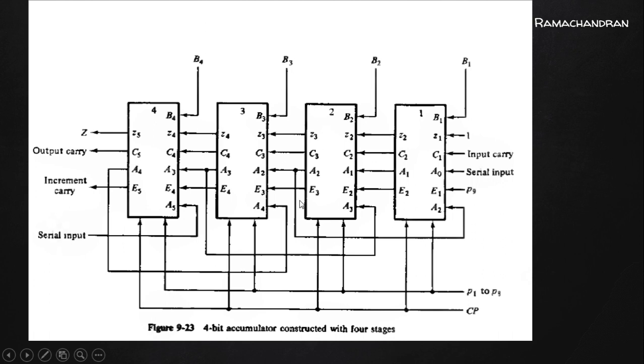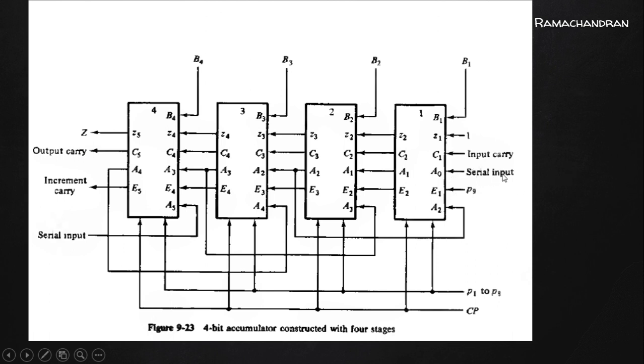And after the addition of our second bit, the carry out value, that is C3, is passed to the next stage as a carry input value. And after addition here, the carry value generated is transferred to the next stage. And finally it generates a carry output value, which is transferred to the carry flag, or carry bit, of our status register.